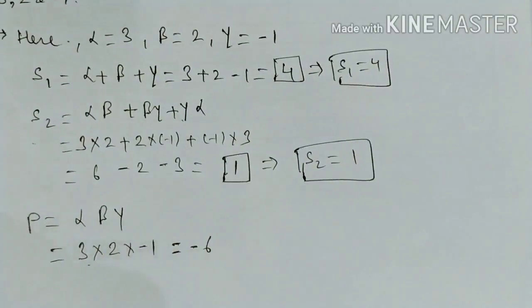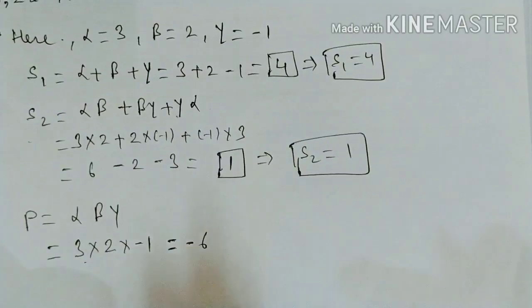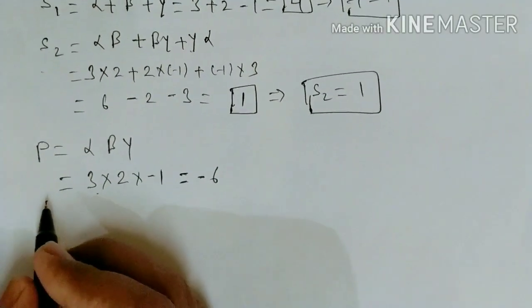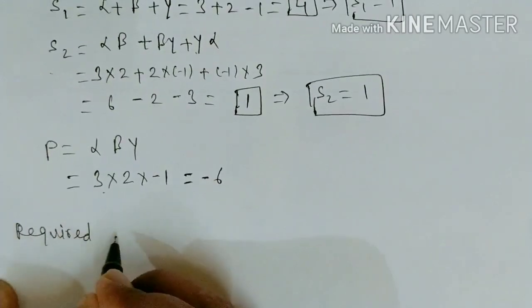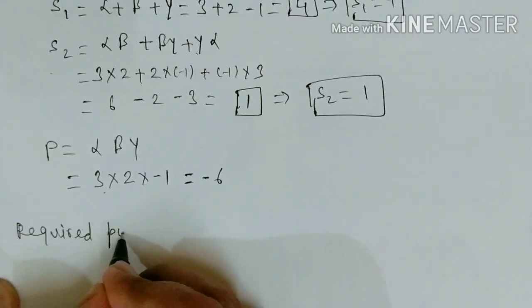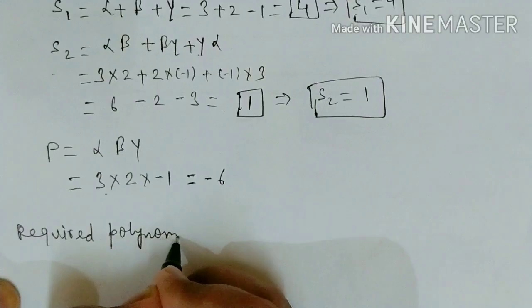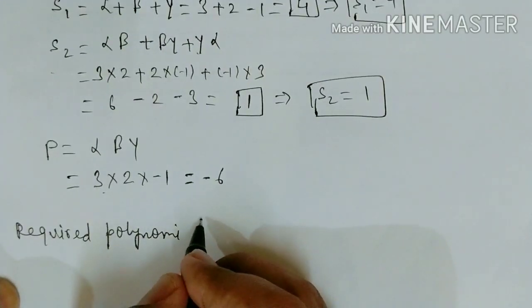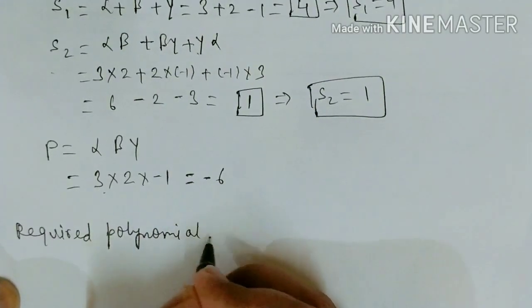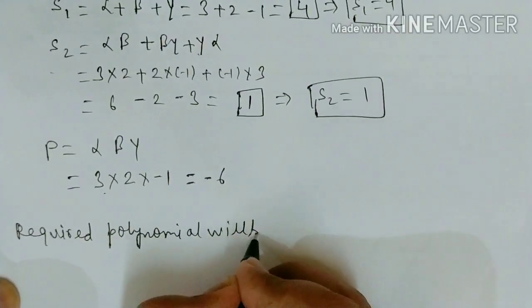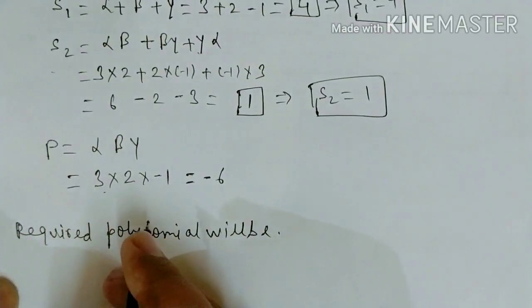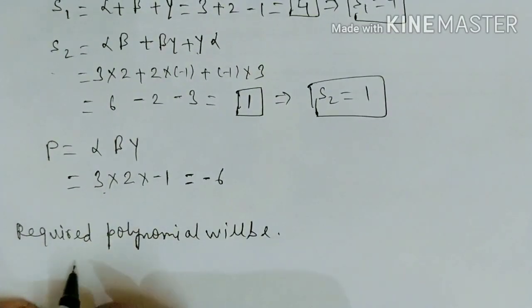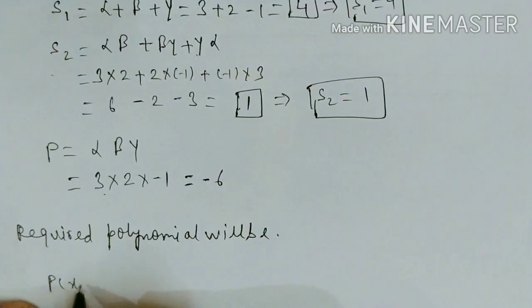Now here you can see, the required polynomial will be, see here, P of x.